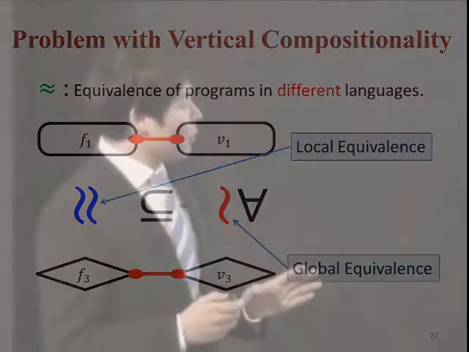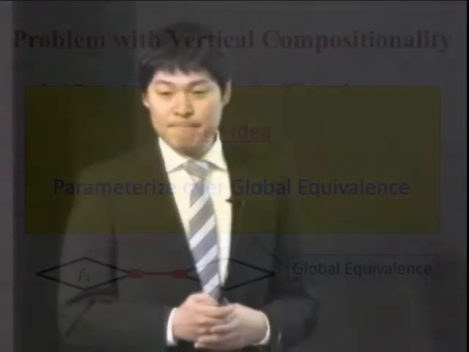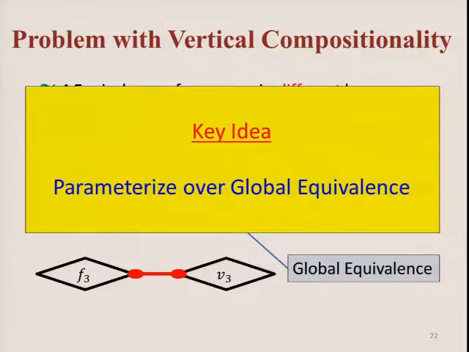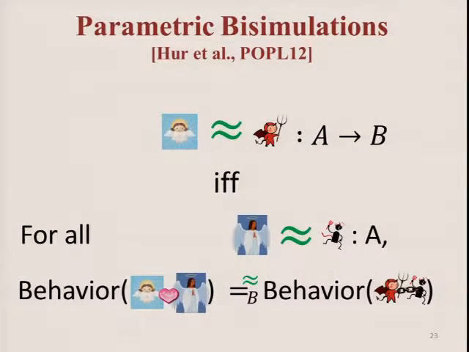The only restriction on this global equivalence is that it at least should contain my local equivalence, which relates F and F3, because intuitively this is the union of all the equivalences. So it should contain mine, but we don't assume anything else. That's the intuition, and that's why I call it parametric bisimulation.